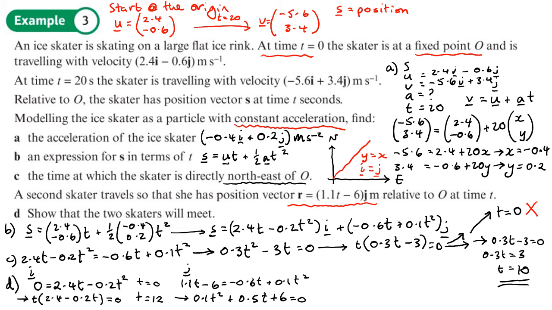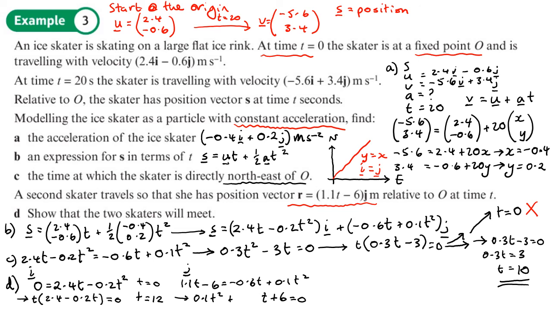Now I've just realised I've made a mistake here. I did negative 0.6 and I added 1.1. This is like a schoolboy error. I need to go back to school. That should be negative 0.6 minus 1.1.